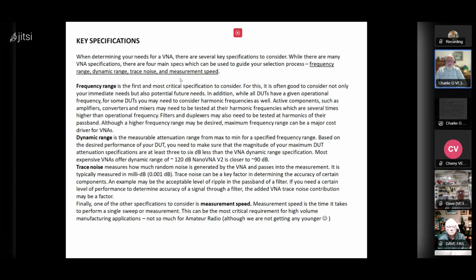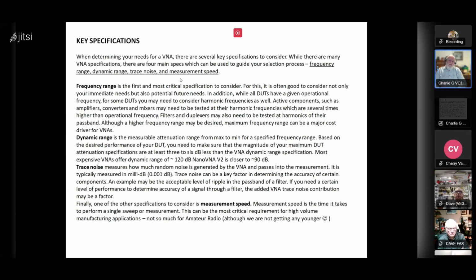So consequently, the pricey VNAs offer a dynamic range up to maybe 120 dB. The NanoVNA V2 is about 90, and the V2 Plus version hits 96.